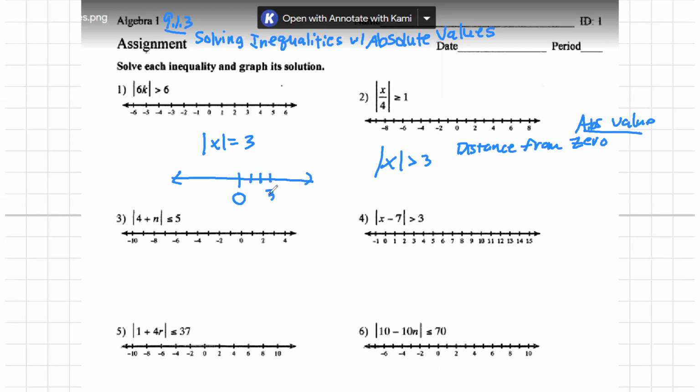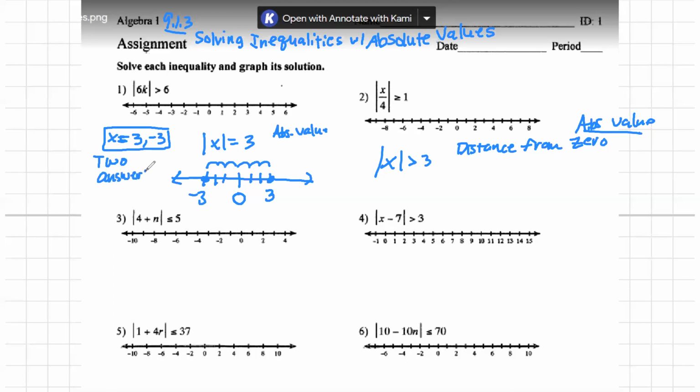Positive 3 is 1, 2, 3 away, and then we could go the other direction, 1, 2, 3, at -3. So there are 2 answers whenever you have absolute value. So x in this case is equal to positive 3 and -3.